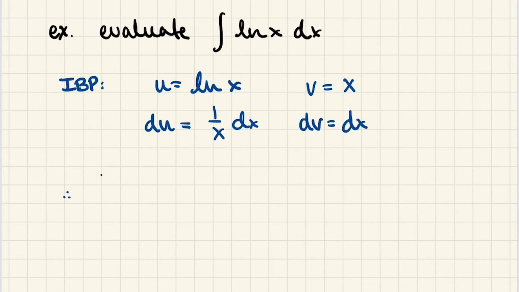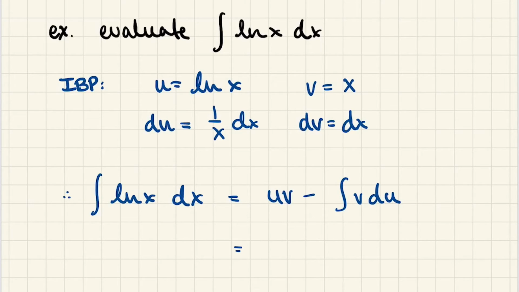Okay, so this leaves us with the integral of natural log is equal to ultraviolet voodoo, and u times v, that would be x ln x, minus the integral of v du. So that's x times 1 over x dx.